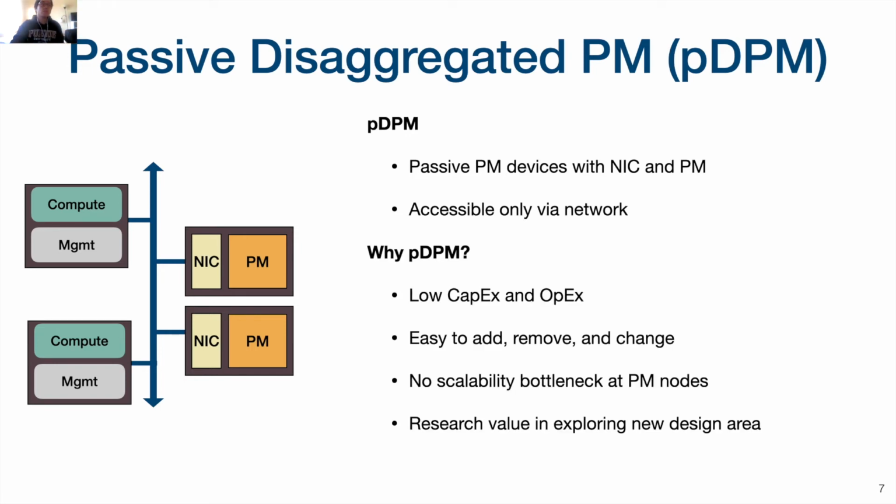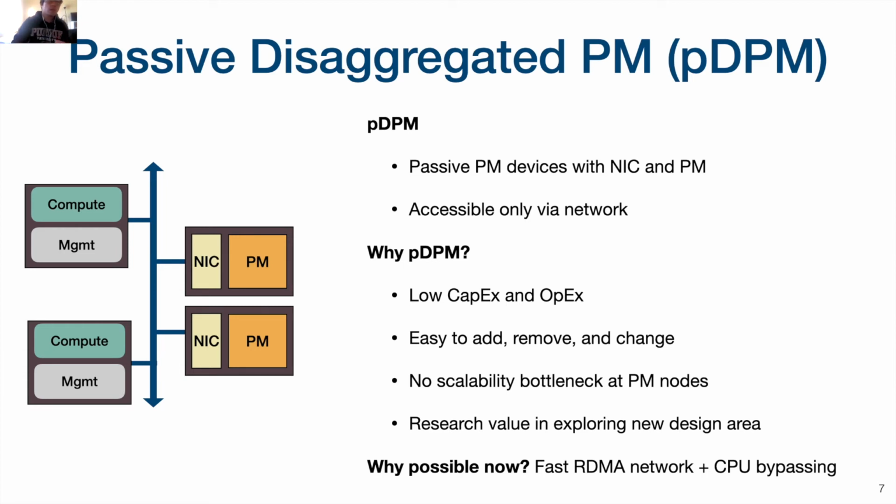In addition to its disaggregation benefits, PDPM has low CapEx and OpEx, and avoids any scalability bottlenecks at the PM nodes. Moreover, PDPM is an unexplored research area. Studying it would answer many questions and serve as a guide for future PM research. PDPM is possible now thanks to today's fast data center network and technologies like RDMA that can bypass the CPU.